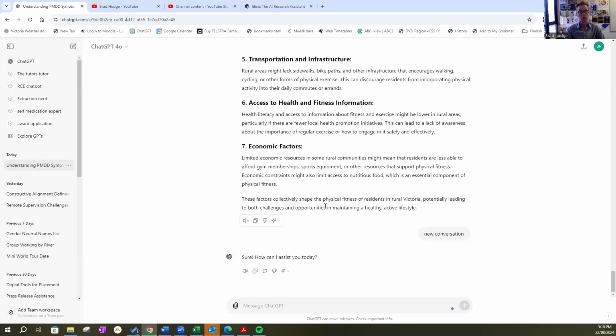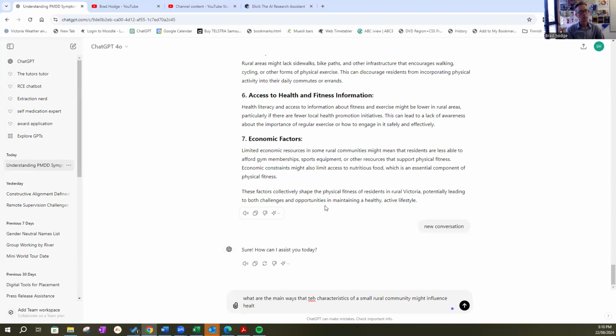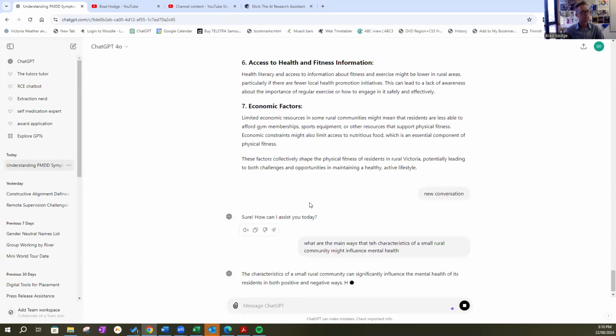So you would ask it the question: what are the main ways that the characteristics, we don't have to worry about spelling errors in this, of a small rural community might influence health. Now, you could change it to mental health. That might be something you're interested in. So we're going to pose that question.